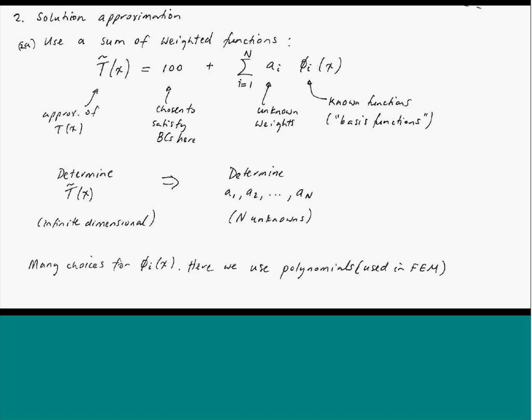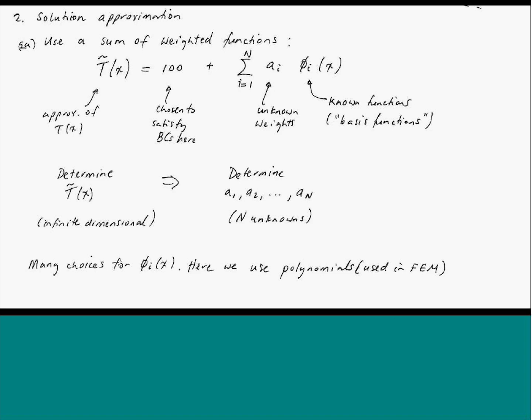So let's put the 100 out in front, and then the sum of the ai times the phi's is going to satisfy zero temperature at either end, right? So in this particular example, this 100 is chosen to satisfy our boundary conditions for our model problem.